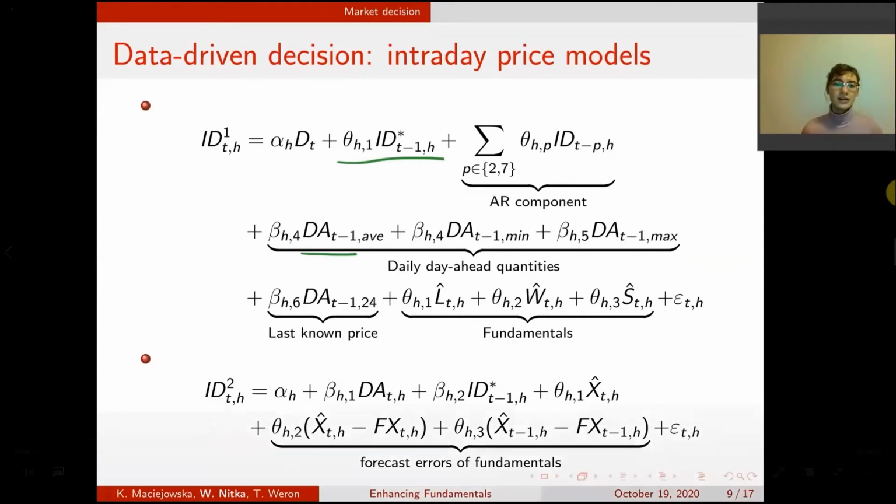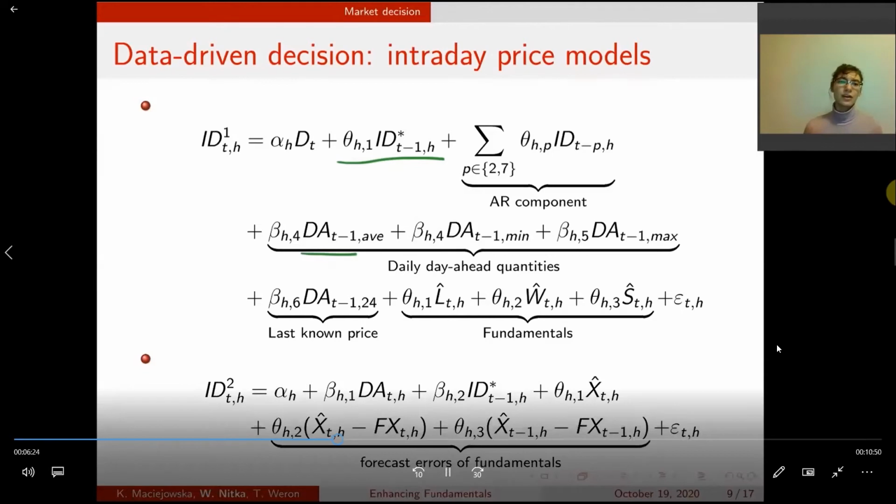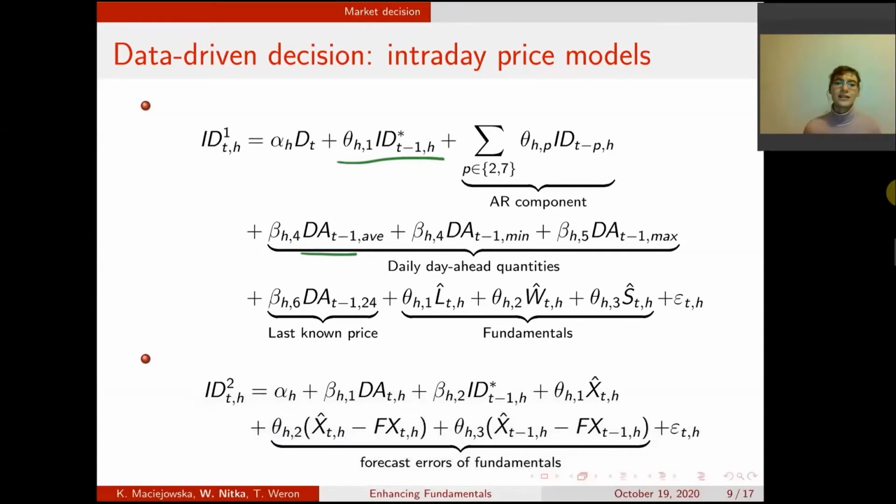The second approach, which we denote as the ID2 model, to differentiate from this ID1 model, is using the fact known in the literature that a major driver of intraday market prices are the forecast errors of the TSO forecasts. In this model, we are dropping most of the autoregressive part, instead taking the errors of the fundamental variables.